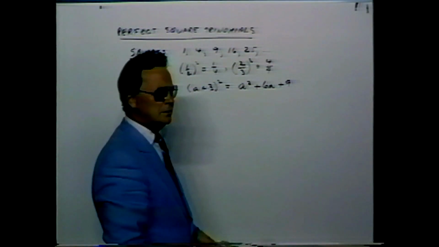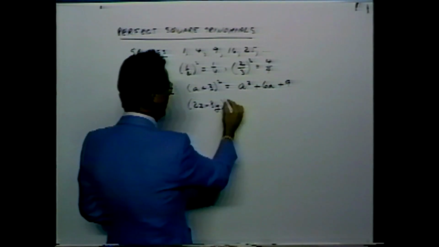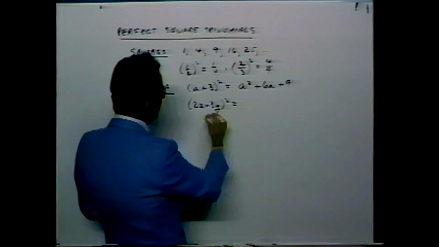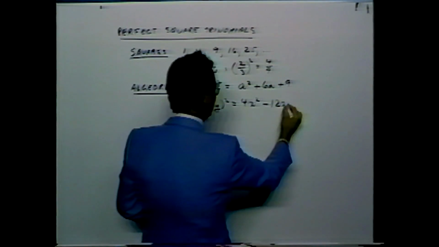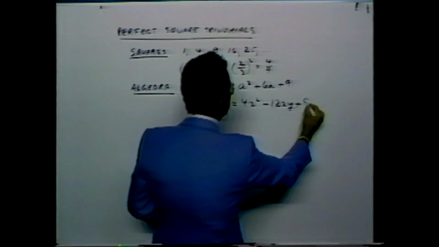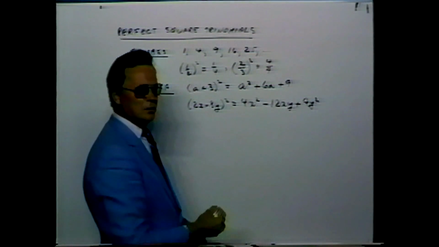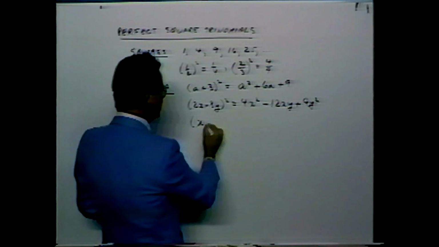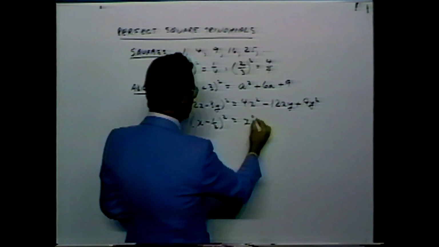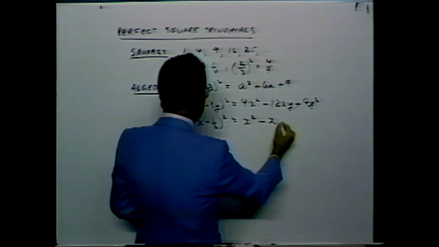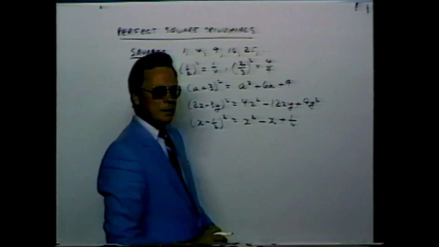Another example is (2x - 3y) squared, and that equals 4x squared minus 12xy plus 9y squared. One more example, we have (x - 1/2) squared, and that's equal to x squared minus x plus 1/4.